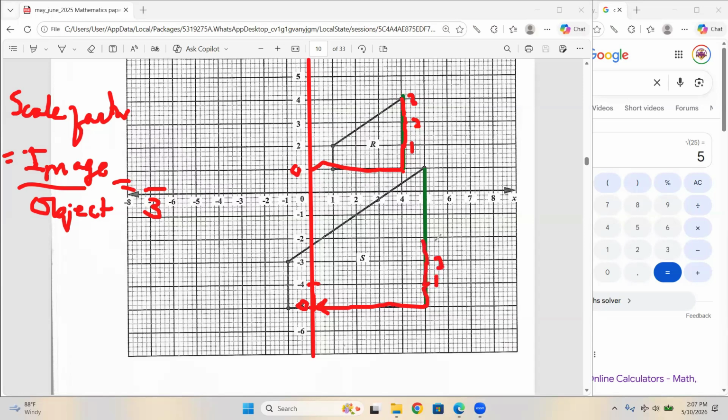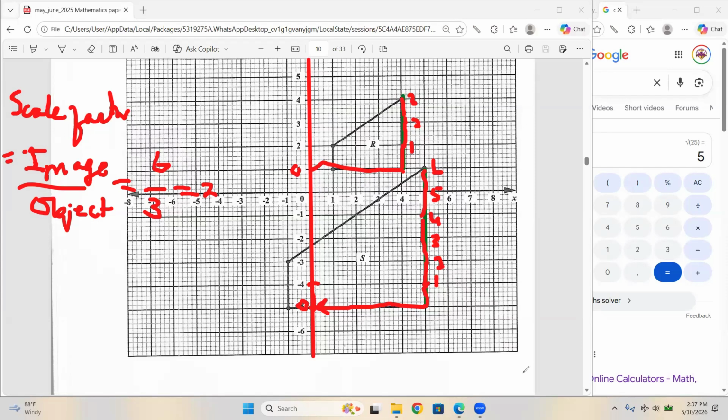Going up again, 3, 4, 5, and 6. So 6 divided by 3 is 2, so the scale factor is 2. What does that mean? It means that the image S is twice the size of the object R. So we know it's an enlargement, and we know the scale factor is 2, which means the image is twice the size of the original.